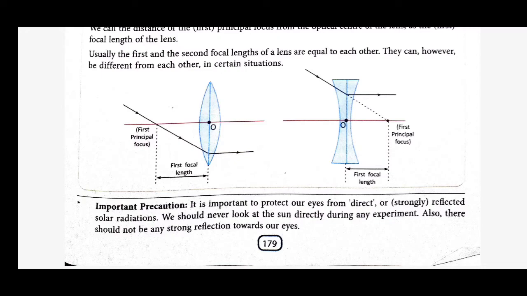Actually, in fact, we differentiate first and second principal focus by this fact: in a convex lens, the point where the rays meet really is known as the second principal focus. In the case of a concave lens, the point on the principal axis where the rays appear to diverge from is known as the second principal focus.